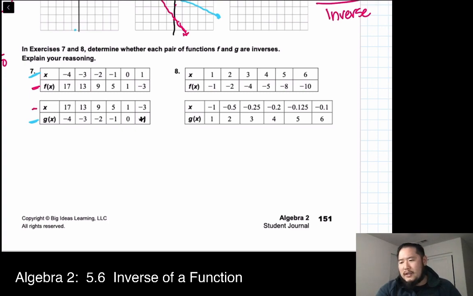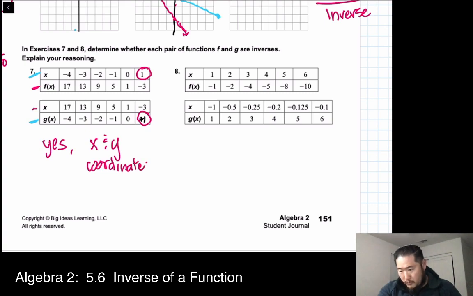So let's just say that this was a typo, and then they are both positive 1. So right here, determine if the functions are inverses. We'll say yes. The reason why, once again, is that your x and y coordinates are switched.